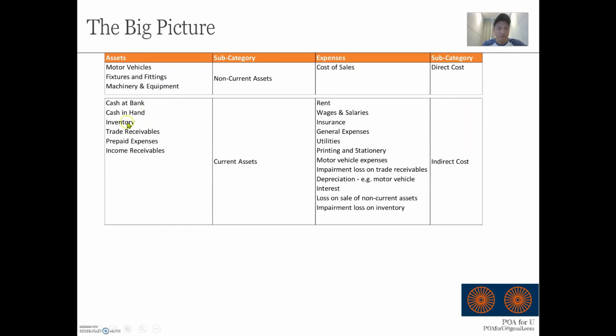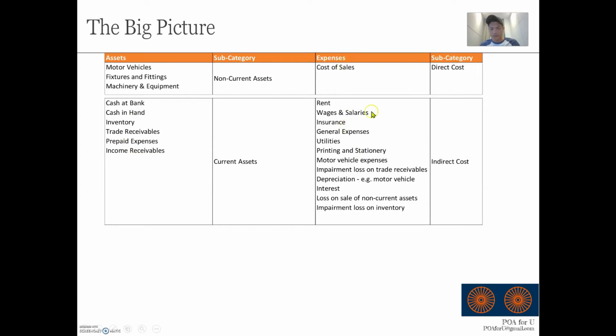So for example, inventory: if you're in the business of selling books, you can usually sell your books quite quickly, versus if you want to sell the machinery that makes the books, or the equipment that processes or manufactures the books, it takes a bit longer, right? So this is a list, right?